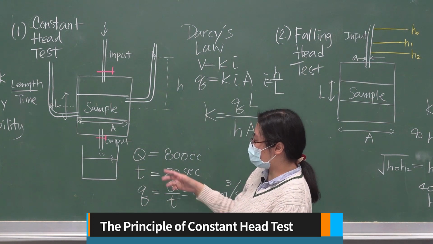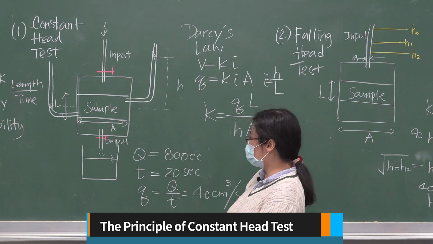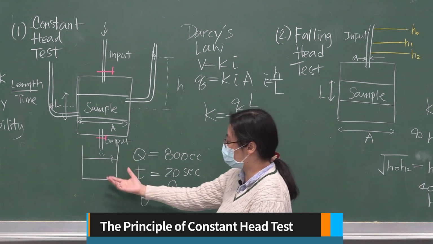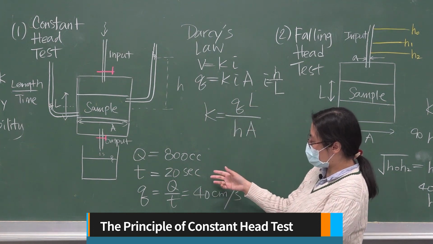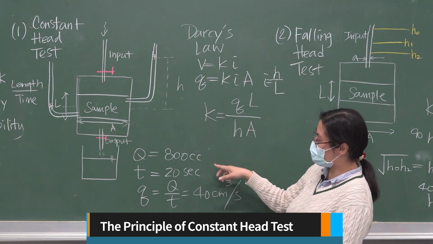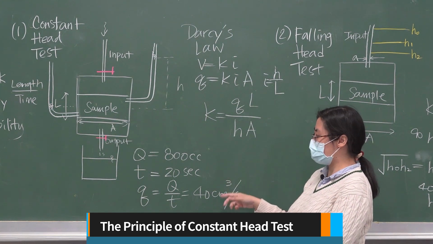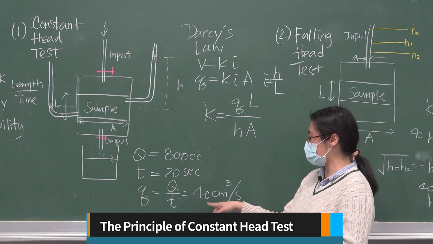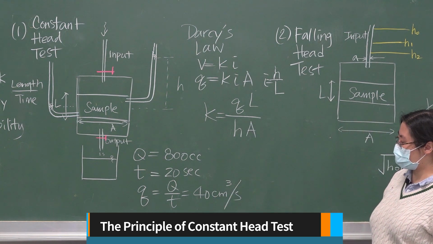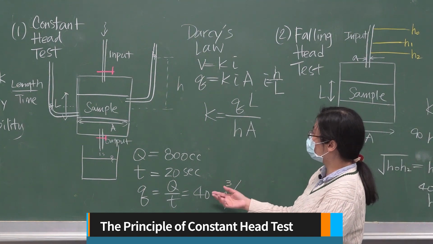Suppose that you measured the mass coming out of this setup within 20 seconds. For example, suppose you obtain 800 cc of water in 20 seconds, then you will be able to obtain the flow rate, which is equal to 40 cm³ per second. That's how we determine Q.